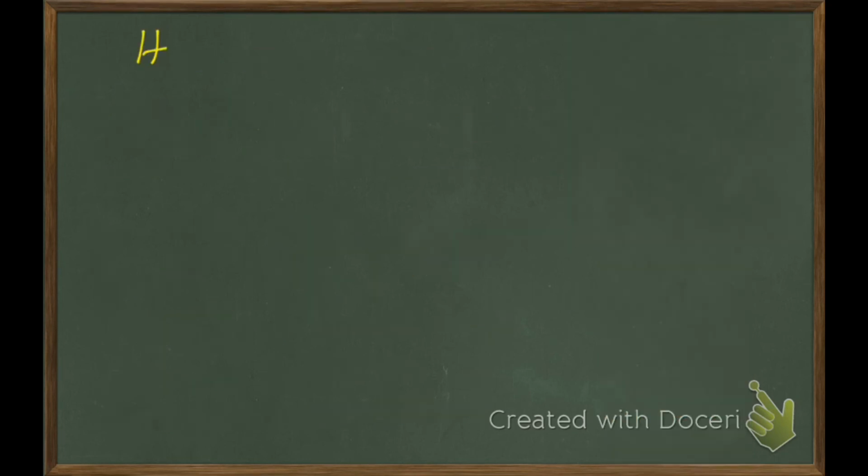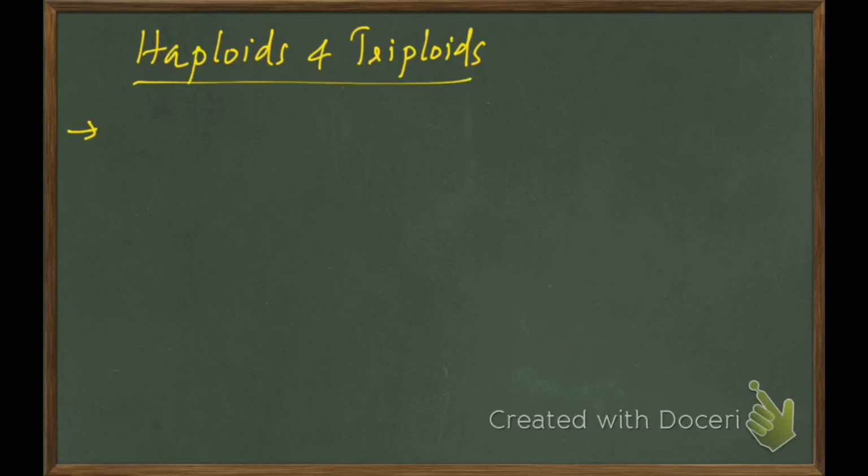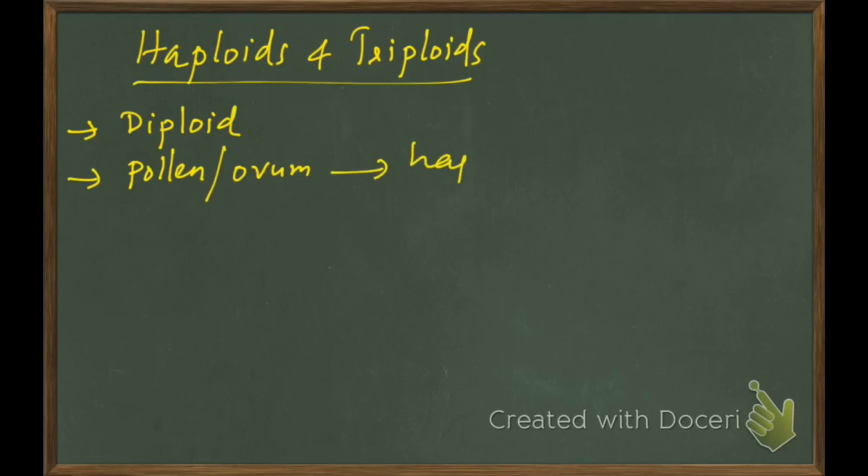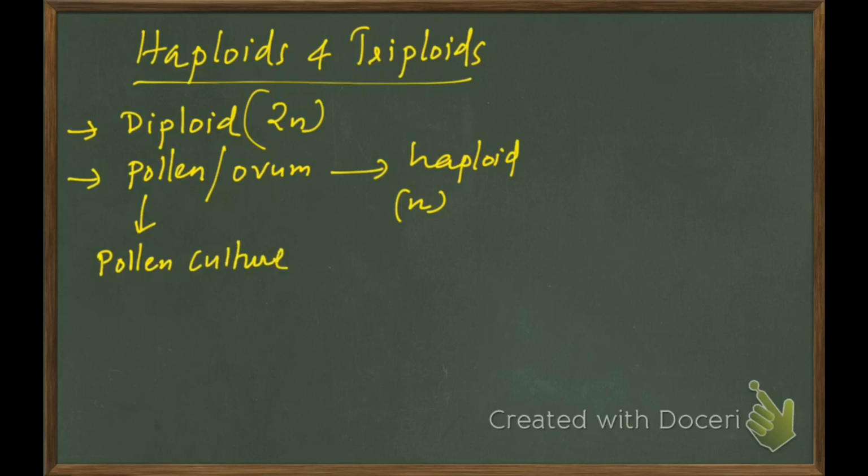Haploids and triploids. You know, generally the plant is diploid in nature. But if I take pollen, or if I take an ovum, they are haploid in nature. They have a single N, whereas diploid has two sets of chromosomes. If we go for pollen culture or anther culture, we can generate haploids.